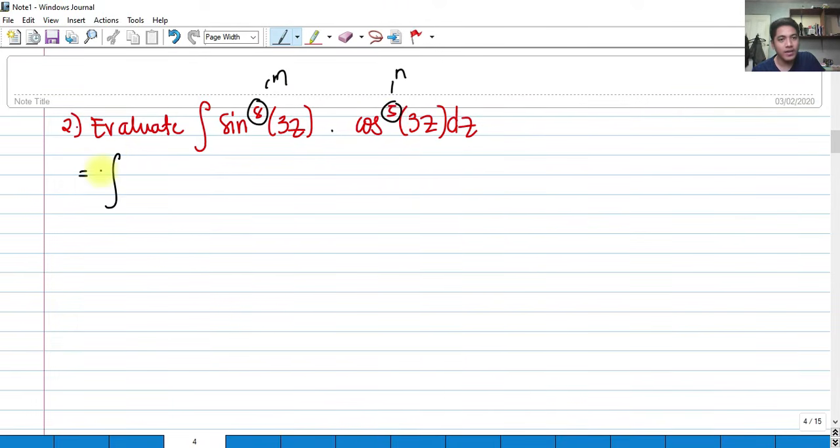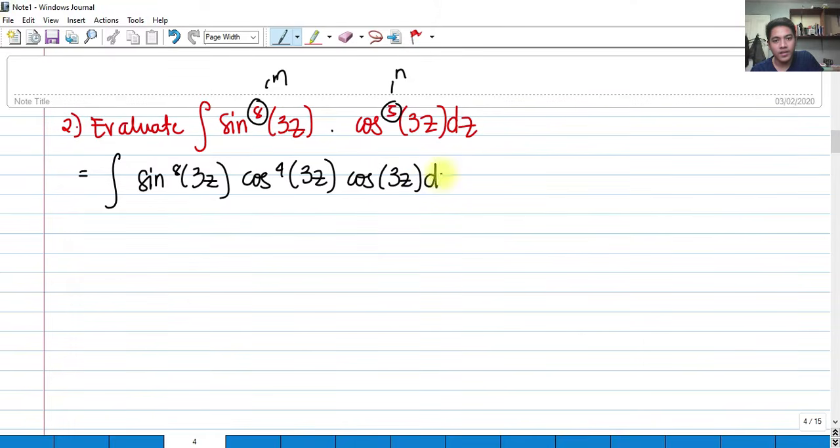So we have the integral of sine raised to 8 of 3z multiplied by cosine raised to 4 of 3z, because I'm going to split one factor of cosine 3z. This would be my split factor. If I imagine that this would be my du, what must be my u?